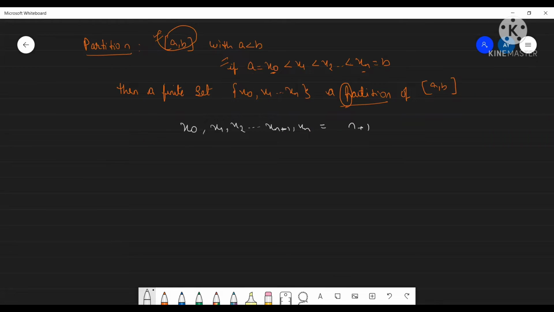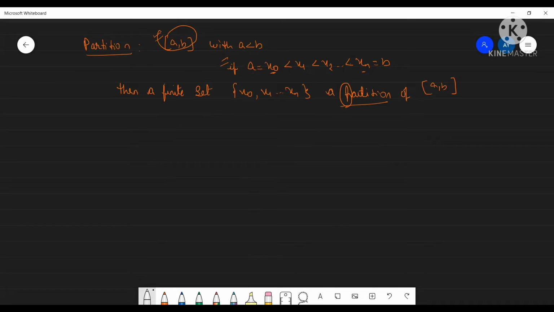Why is it n plus 1? From x1 to xn, you have n terms, and by adding x naught you get n plus 1. So you'll be having n plus 1 partition points.